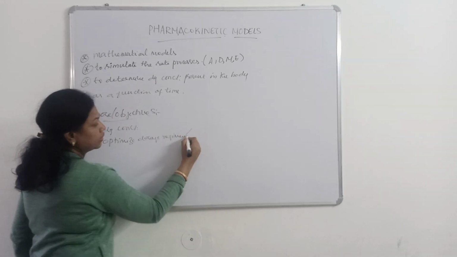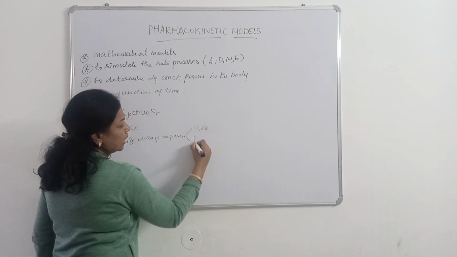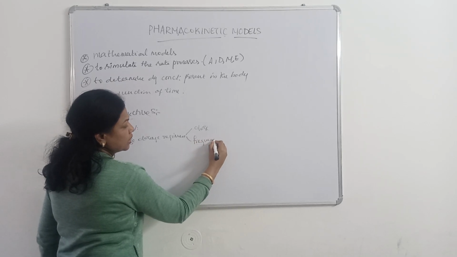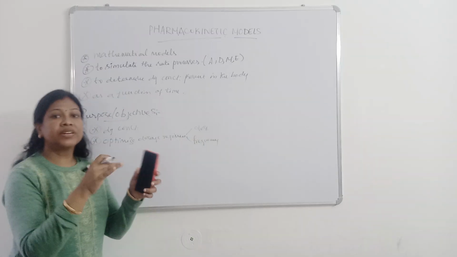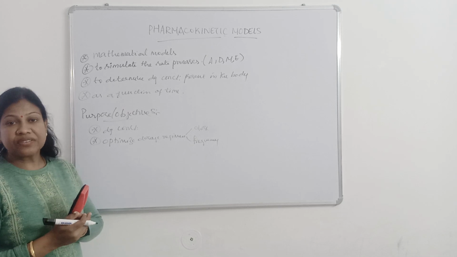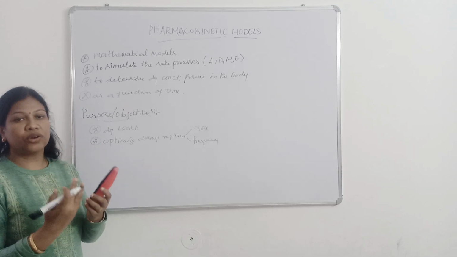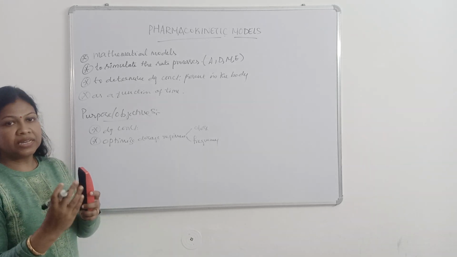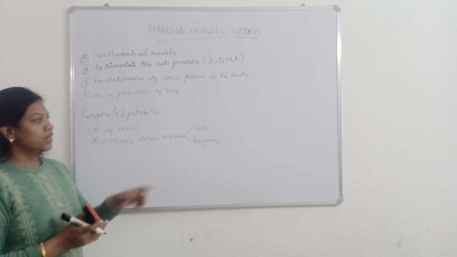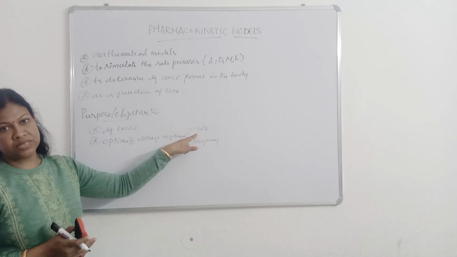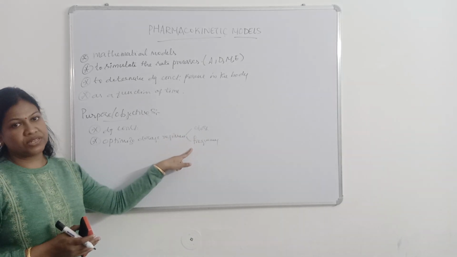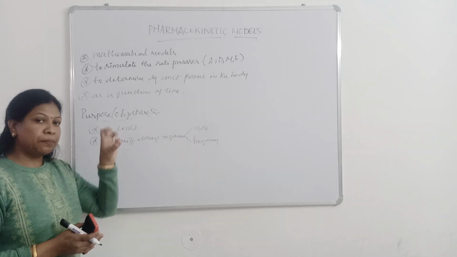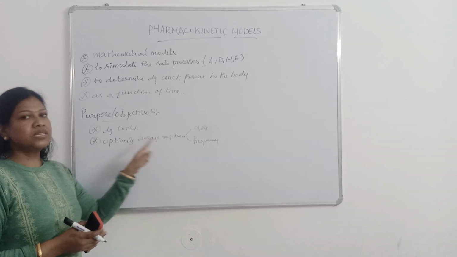The dosage regimen includes the dose as well as the dosing frequency. Dose means how much amount of drug is administered, whereas frequency means how many times, like 3 times a day. If a 500 mg tablet is taken 3 times a day, then 500 mg is the dose and 3 times a day is the dosing frequency. That combinedly is known as the dosage regimen.